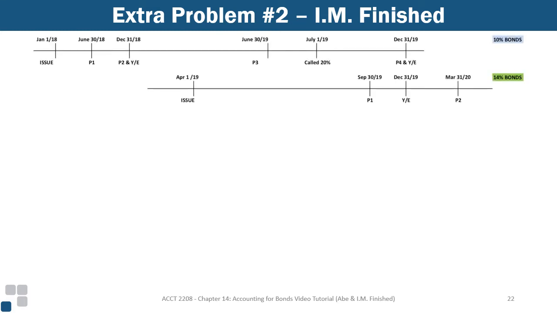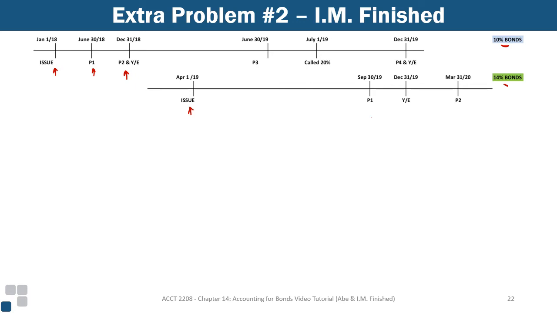Okay, here's what this bad boy looks like. On January 1st, 2018, the bond is issued. There's a payment on June 30th, 2018 on the first bond. Then there's a second payment at year end. Those are all for the 10% bonds. Then we truck along, and on April 1st the 14% bonds are issued.